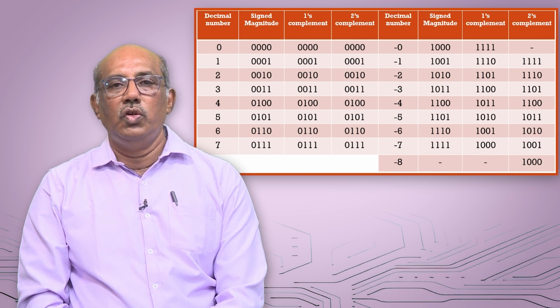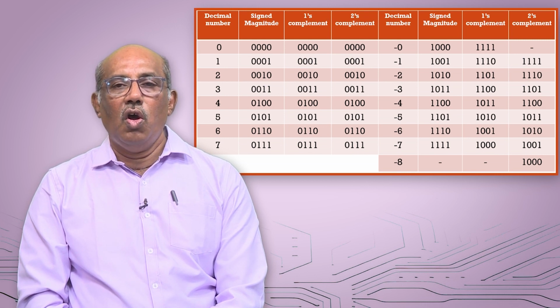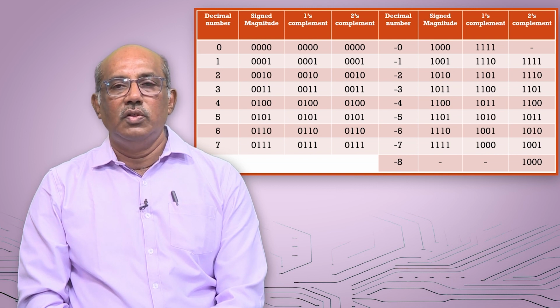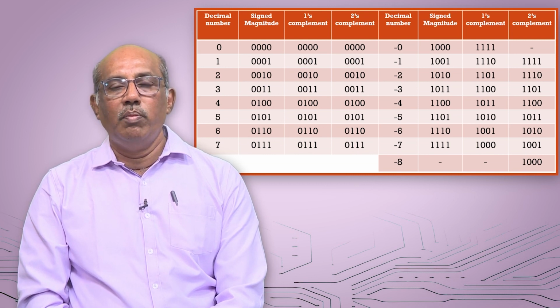Now, we can see that representing the decimal number minus 8 in sign magnitude representation or in 1's complement form is not possible, because the decimal number 8 needs 4 bit positions, that is 1 0 0 0, and to represent minus 8 you need one more bit.